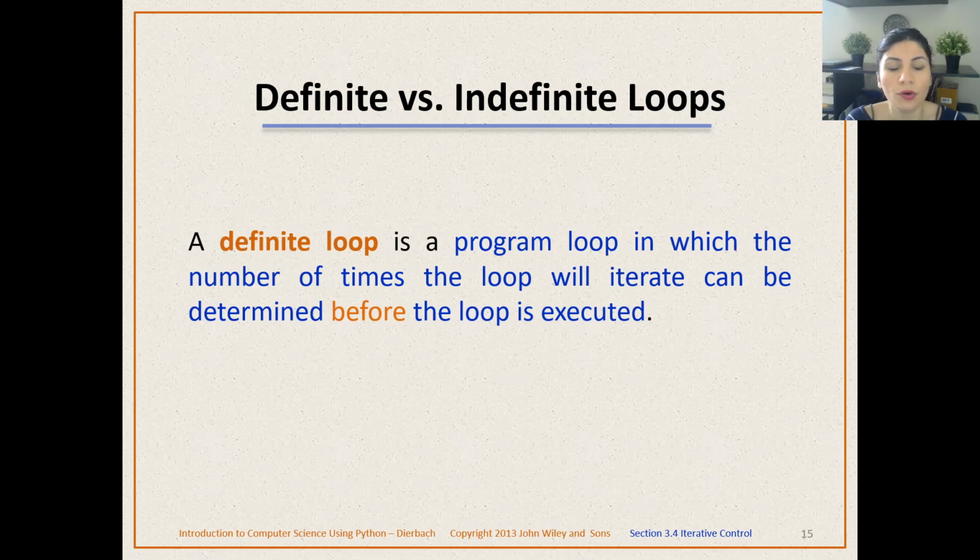So to go back to the PowerPoint slides that I uploaded for this chapter, I want to very quickly talk about definite and indefinite loops. Remember, with a while loop, I told you that you can create whatever loops you want. It doesn't matter if you want to create a definite loop or an indefinite loop; you can use a while loop to create whatever you want.